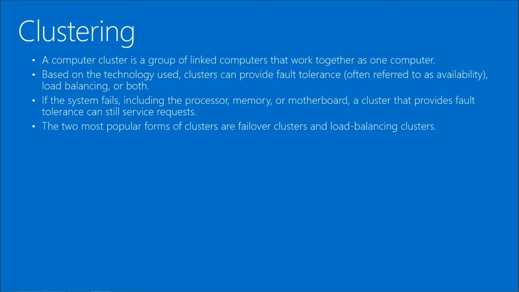If one of those systems fails, the other server continues to run with minimal impact to the service. There are a couple different forms of clusters. There's failover clusters and load balancing clusters. Typically, if you have a failover cluster, you've implemented it as a load balancing cluster, so a lot of times they're the same thing.